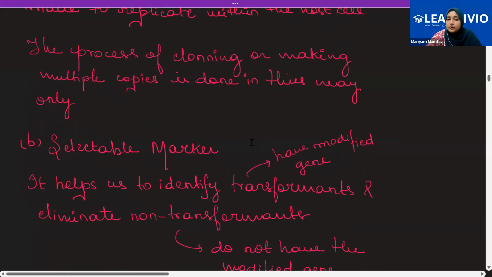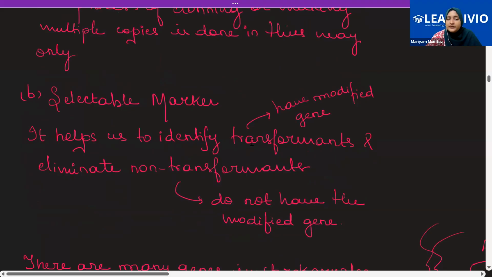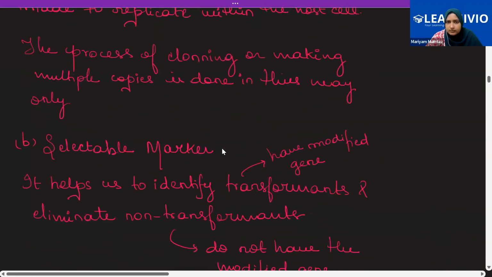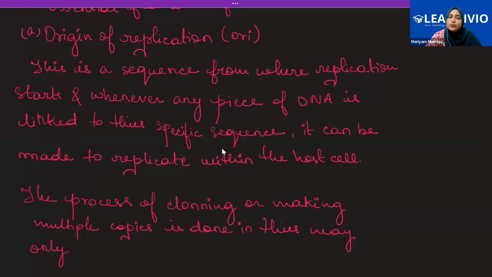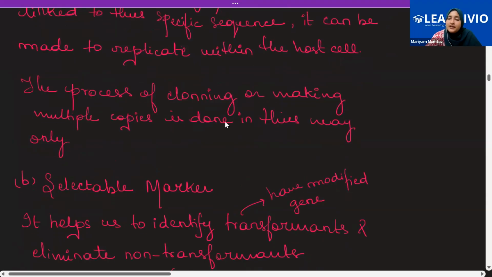You take the gene of interest, ligate it onto that part which has the origin of replication, and thereby create multiple copies. The process of cloning, or making multiple copies, is done exactly like that.